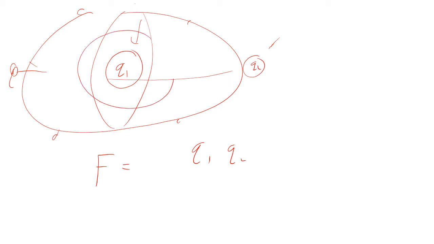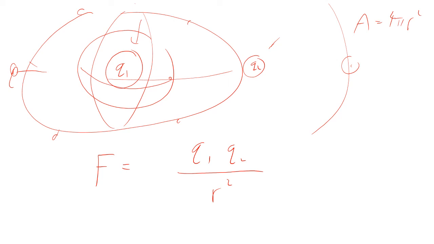If you're closer, on a smaller sphere, you're distributing over less area, so the force is going to be stronger. If you're farther away, you're distributing over a bigger area, so the force is going to be weaker. That means it's inversely proportionate to the area of a sphere. The area of a sphere is 4 pi r squared, so this is inversely proportionate to r squared.